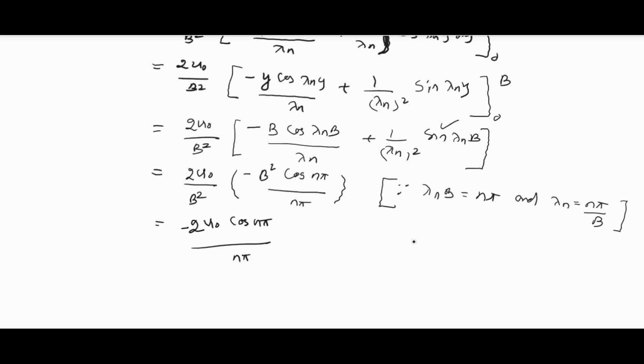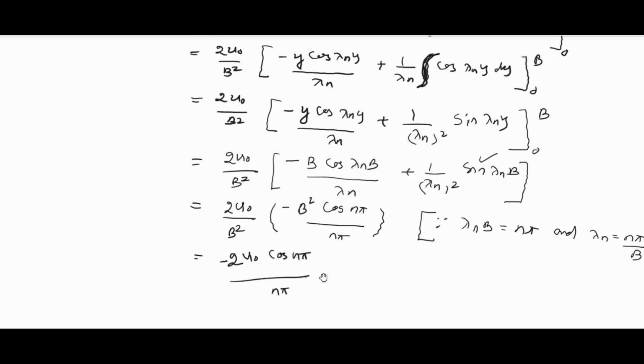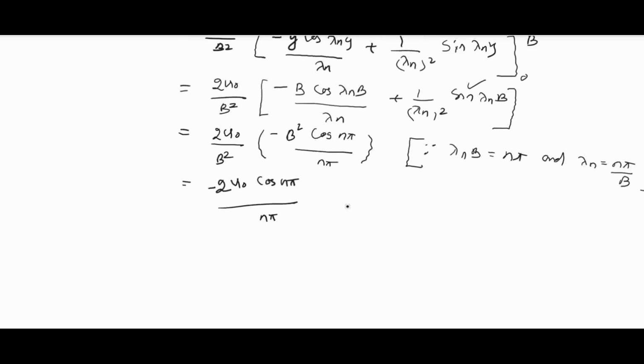This is the value of an. So in an organized way, we can write an is equal to minus 2u0 cos n pi by n pi. This is equation number 12. We got an in this way.